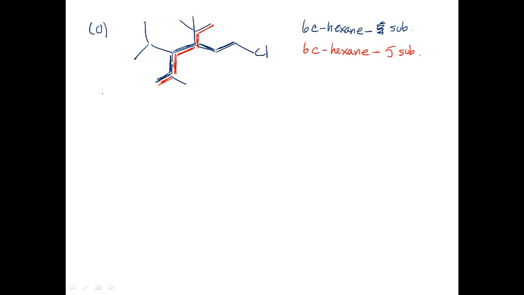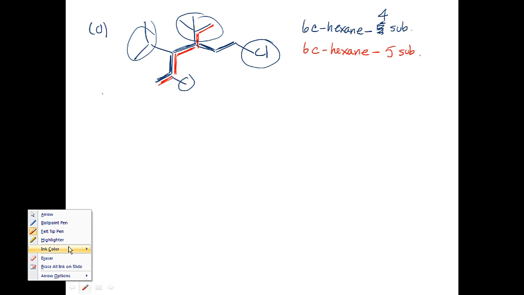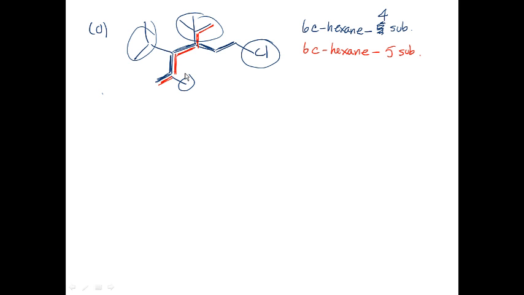The blue chain has 1, 2, 3, 4 substituents. Okay, so the blue chain has 1, 2, 3, 4 substituents. The red chain has 1, 2, 3, 4, 5 substituents. Great.